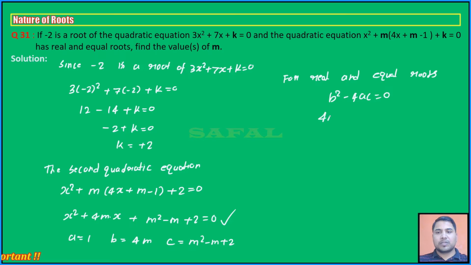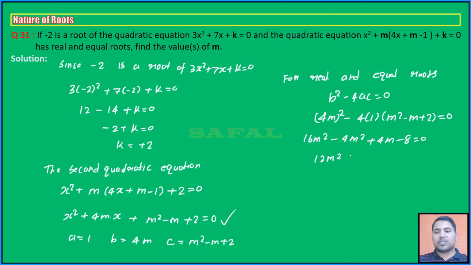So 4m the whole square minus 4, a is 1 and c we have is m square minus m plus 2. So this must be equal to 0. So let us simplify this. So 16m square minus 4m square plus 4m minus 8 equals 0. So from here you will get 12m square plus 4m minus 8 equals 0.